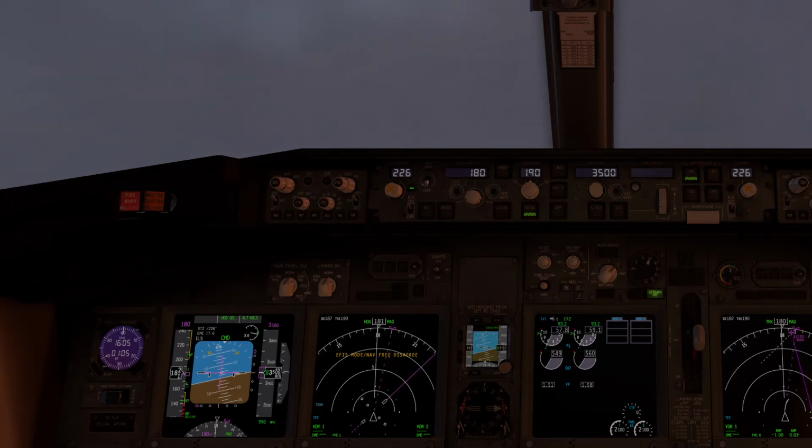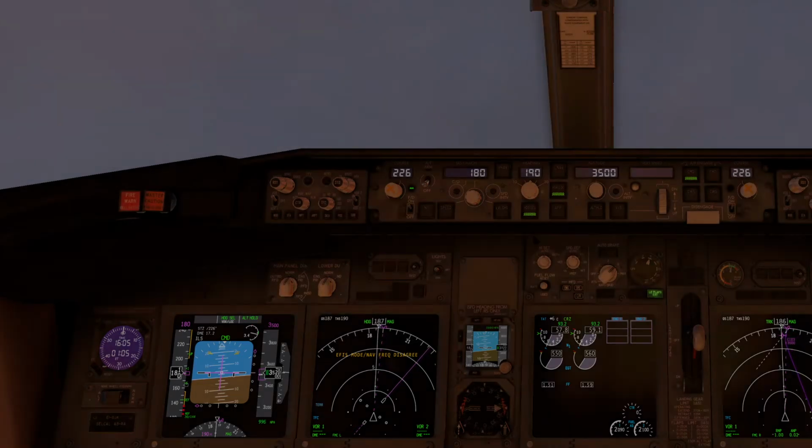So on this heading of 190, we can arm Vorlock to intercept the ILS. Still have 0 visibility. It's quite interesting. We are in the soup.